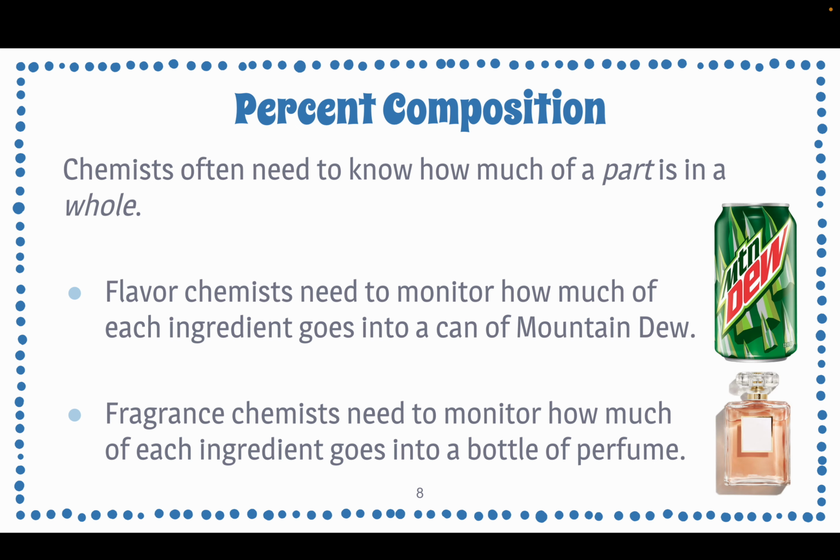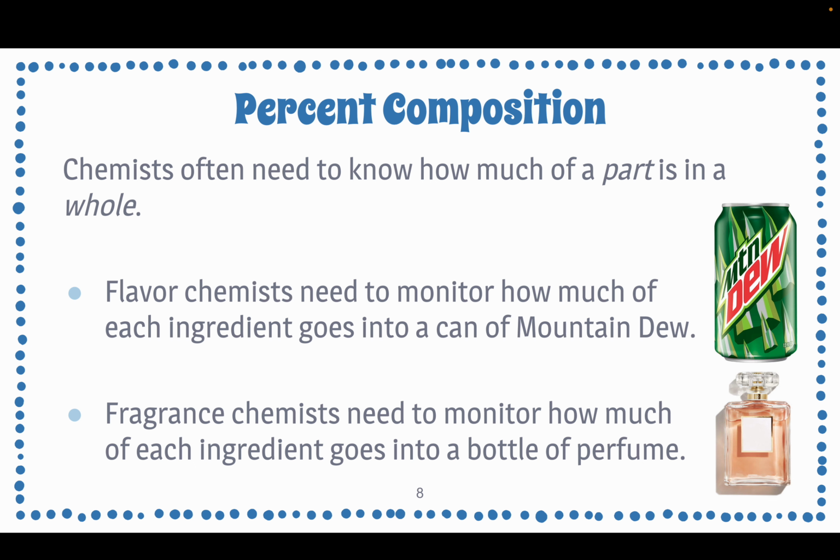So once we analyze these mixtures, sometimes it can be really useful to know how much of something is contained in our mixture. And the way that we do that is we can calculate the percent composition. The percent composition will tell us how much of each substance is going into the whole mixture. Chemists often need to know how much of a part is in the whole.